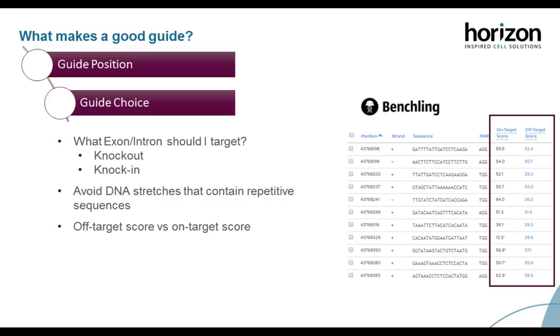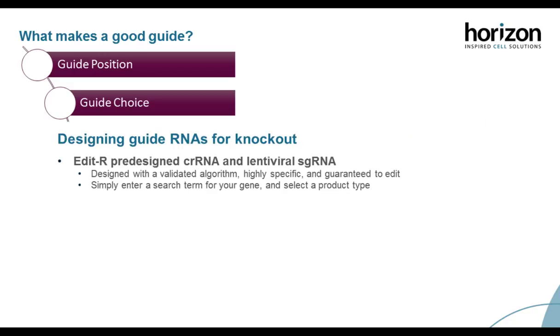We have actually pre-designed CRISPR RNAs and lentiviral sgRNAs using this algorithm. These are guide RNAs that you can buy directly off the shelf for your gene of interest, and they're available for you.